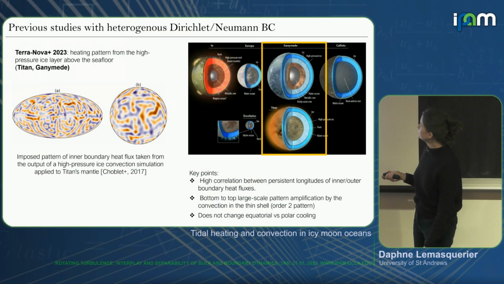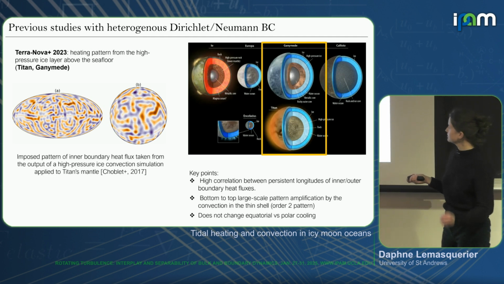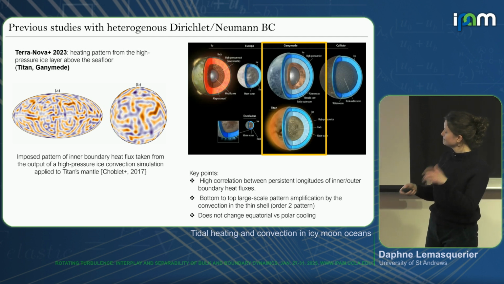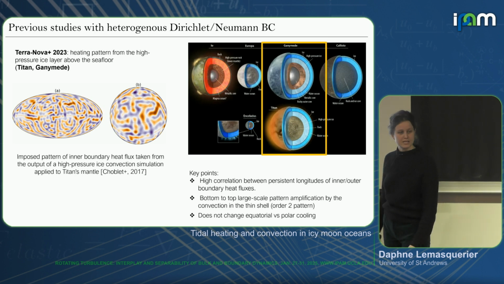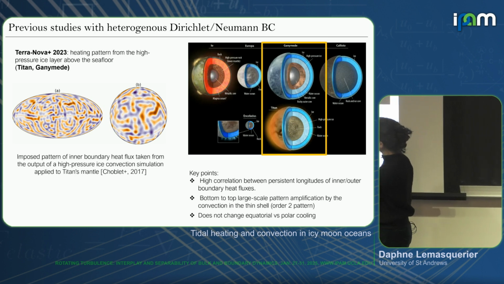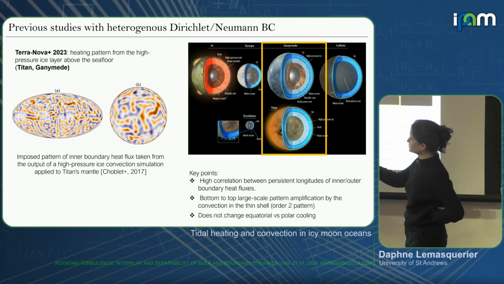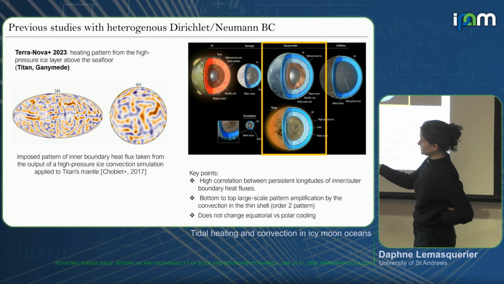So going back to icy moons, have there been any studies looking at the effect of a heterogeneous pattern on convection, on circulation in icy moon oceans? Well, effectively, there was one study by Terranova and collaborators that was published almost at the same time as we published our study with Krista and Carver, which looked at the effect of heterogeneous heat flux for applications to Titan and Ganymede.